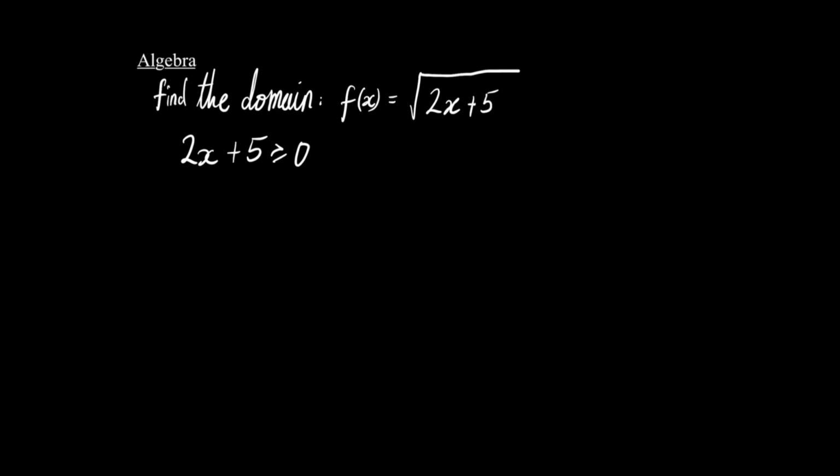So when we solve this, we can say 2x is greater than or equal to -5. And there we can say x now is greater than or equal to -5/2, which is the same as saying -2.5.